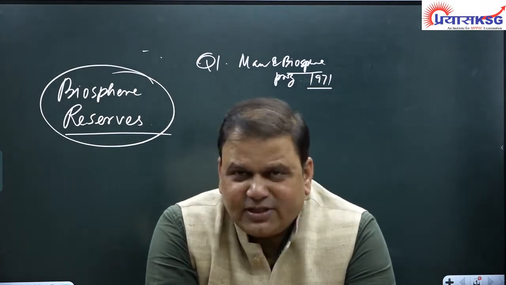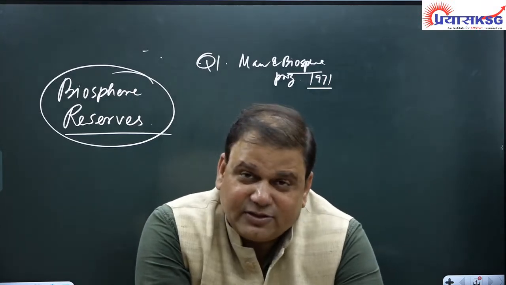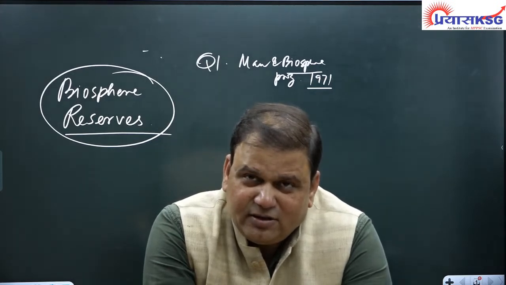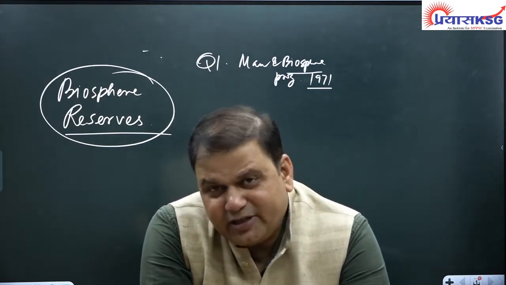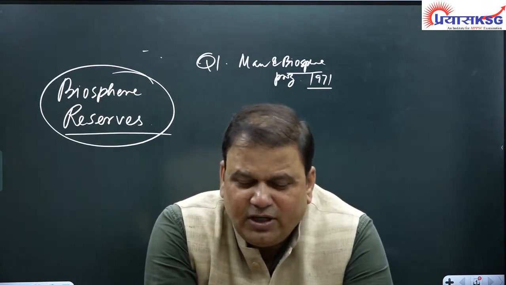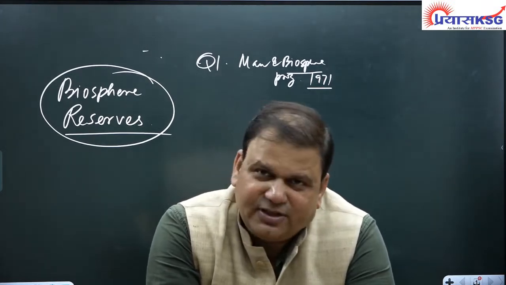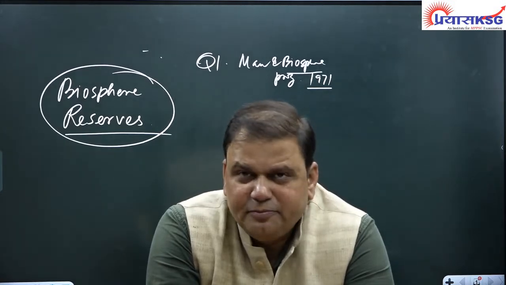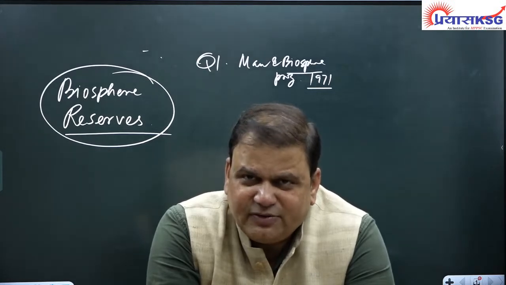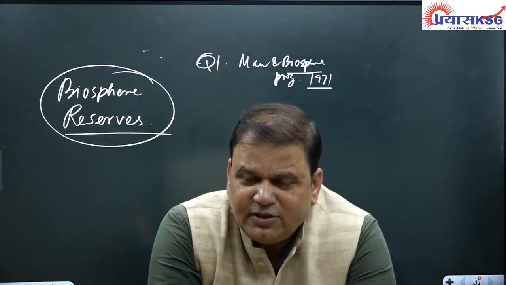So biosphere reserves are meant for protection of biological diversity and also cultural diversity. Cultural diversity will not be there in national parks, nor in wildlife sanctuaries. Cultural diversity protection is only and only done in case of biosphere reserves. Is that clear? So first write two lines, then we will see which are the main biosphere reserves, and compare them with national parks and wildlife sanctuaries. Clear? Write down.